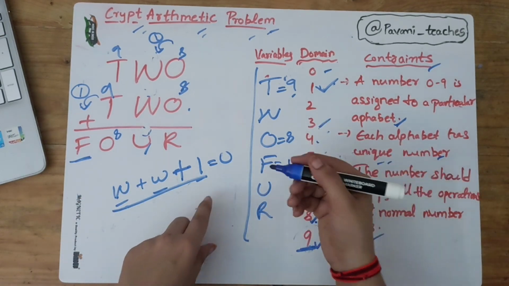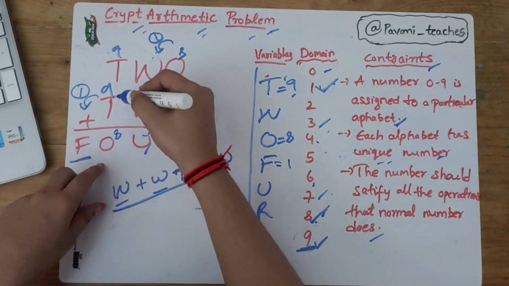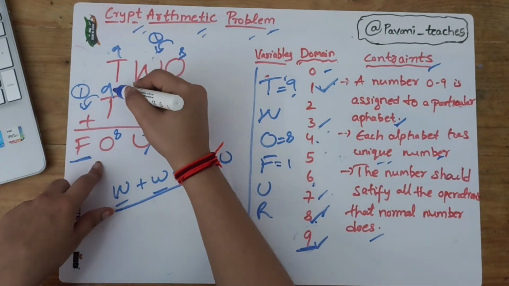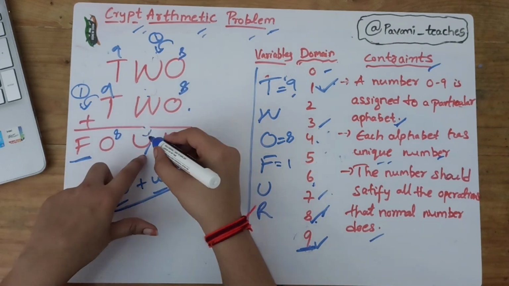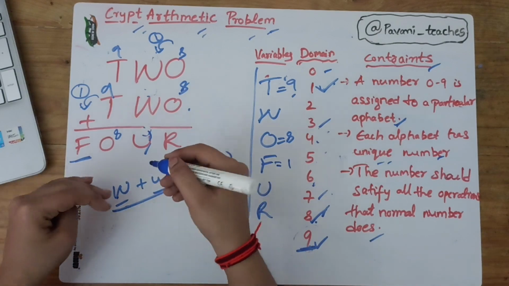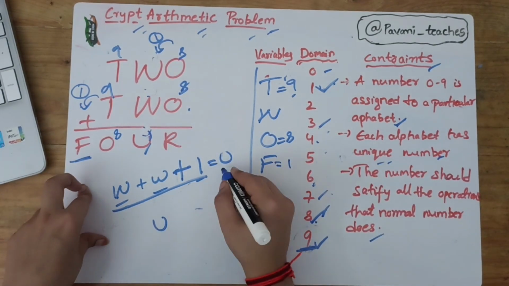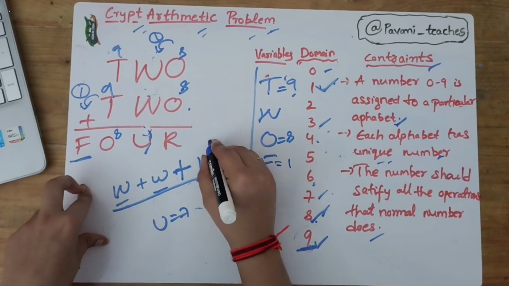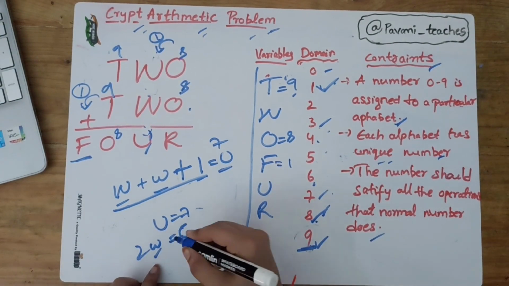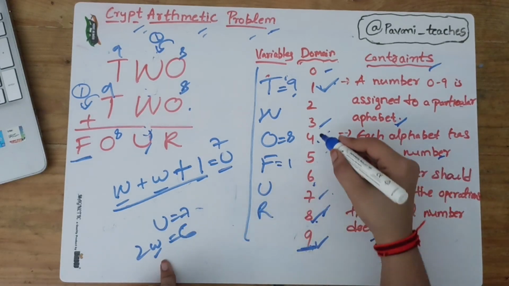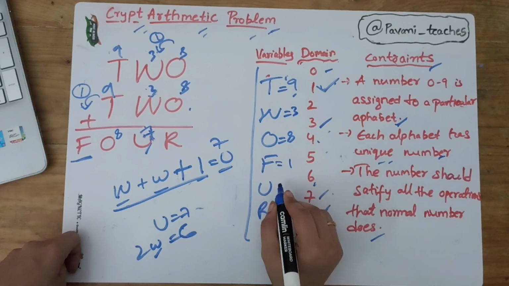It shouldn't be 9 or 8 also, because you have already assigned 9 to T and 8 to O. So this value should be less than or equal to 7. So to get U, I am directly taking U as 7. So 2W equal to 6, so directly we can take the value of W as 3. We got the values of W and U.